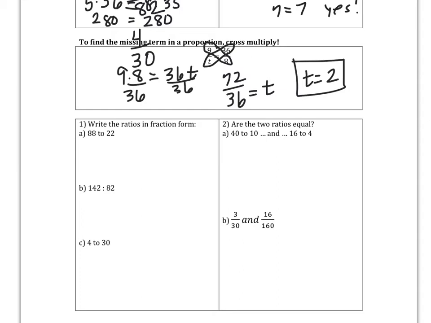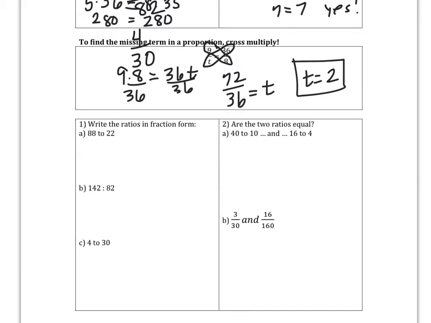And then we are going to look at, are the two ratios equal? So 40 to 10, does that equal 16 to 4? On this one, the easiest thing to do is to simplify each of these fractions.